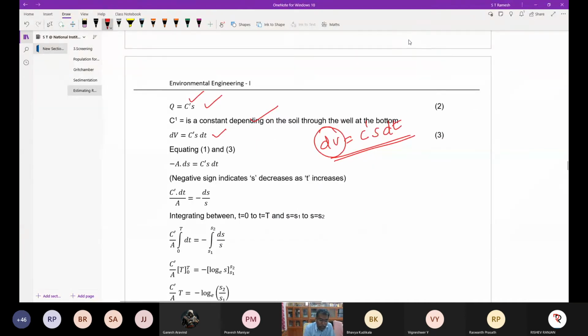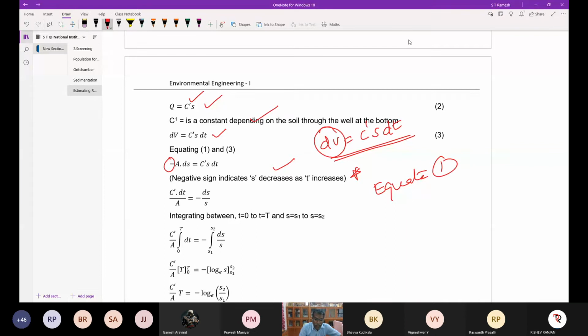If I equate these two, I purposely give a negative sign. Please make a note: the negative value indicates drawdown decreases as time increases. That is why the minus sign is given.